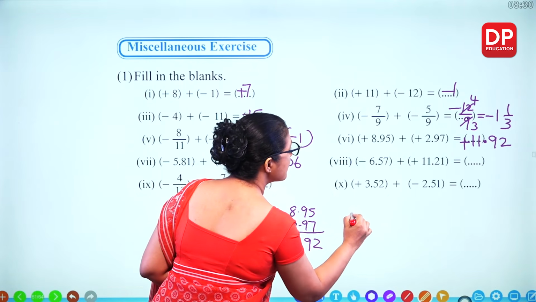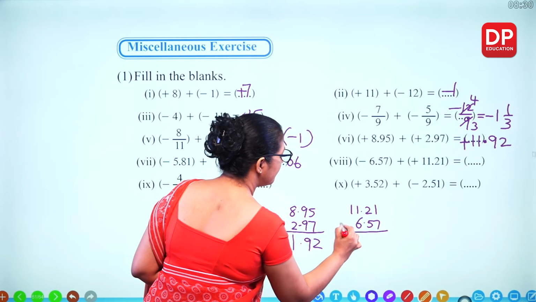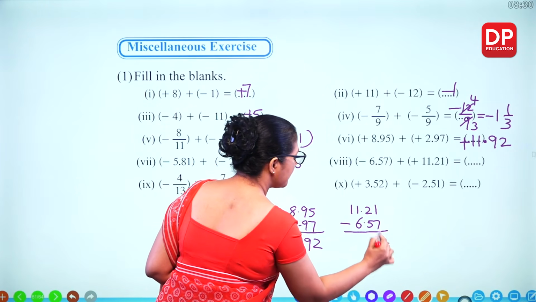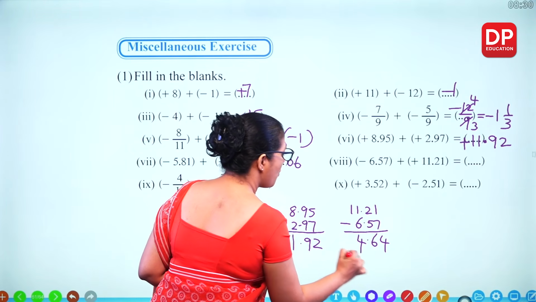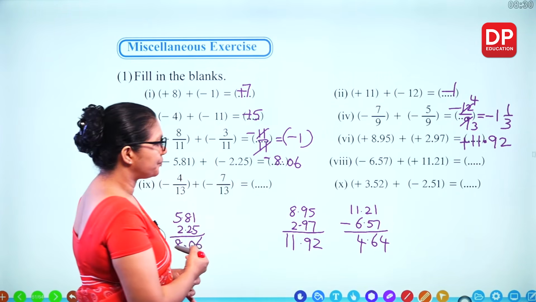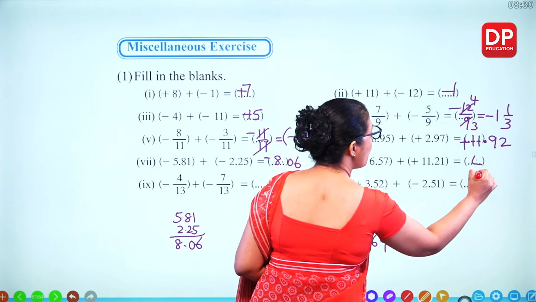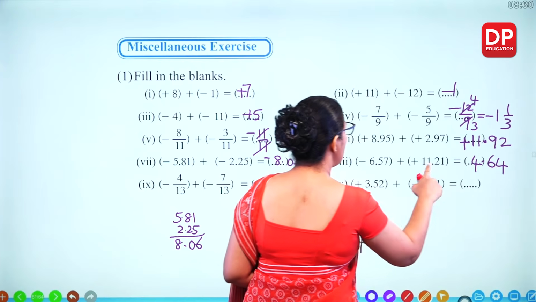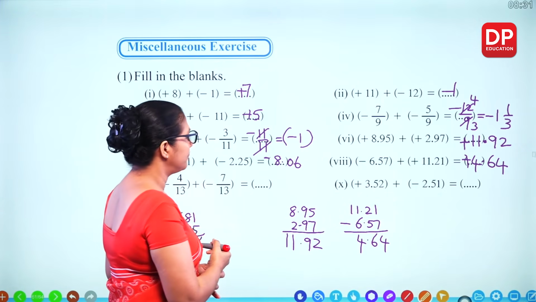Take the difference. So you get 4.64. So that's 4.64. Which one is bigger? Plus sign is bigger, so this is plus.